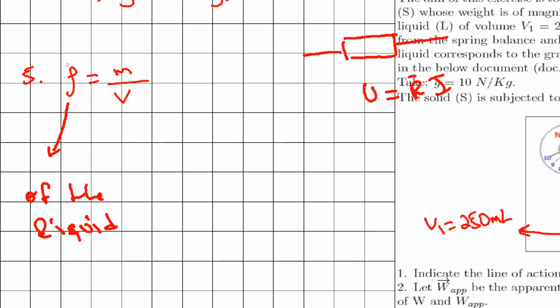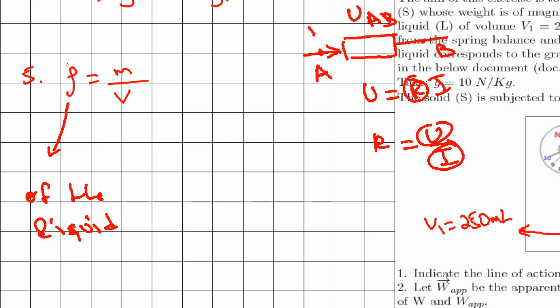If we need to determine the resistance, which is U divided by I, this voltage must be the applied voltage across this resistor, which is UAB, and I must be the traverse current across this resistor and not any other resistor, because across an electric circuit we may have several resistors, and here the same applies. We need to determine the density of the liquid, so this mass must be the mass of the liquid and the volume V of the liquid.